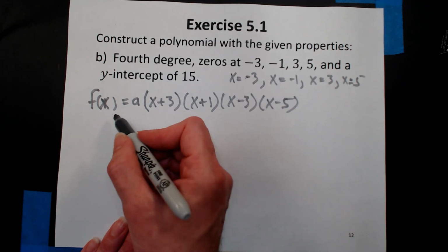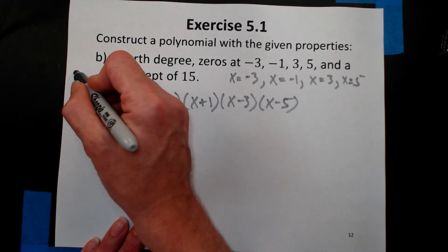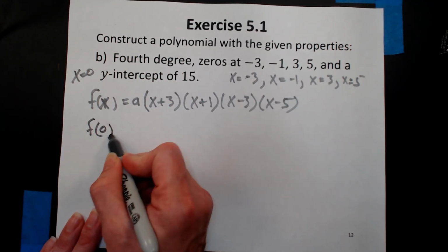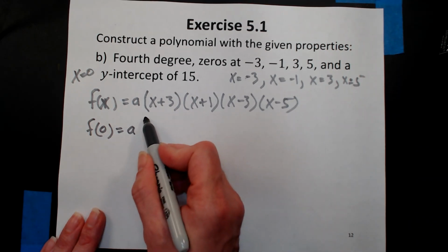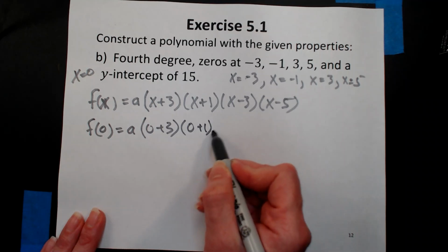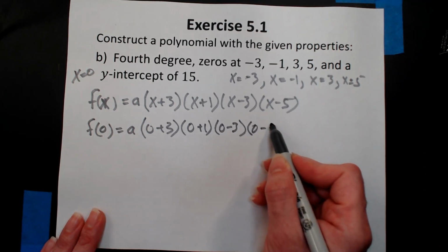Now they say if we were to plug in 0, so a y-intercept means that x is equal to 0. If we plug in 0 for this, what happens? Well, I'll get a times 0 plus 3, 0 plus 1, 0 minus 3, and 0 minus 5.